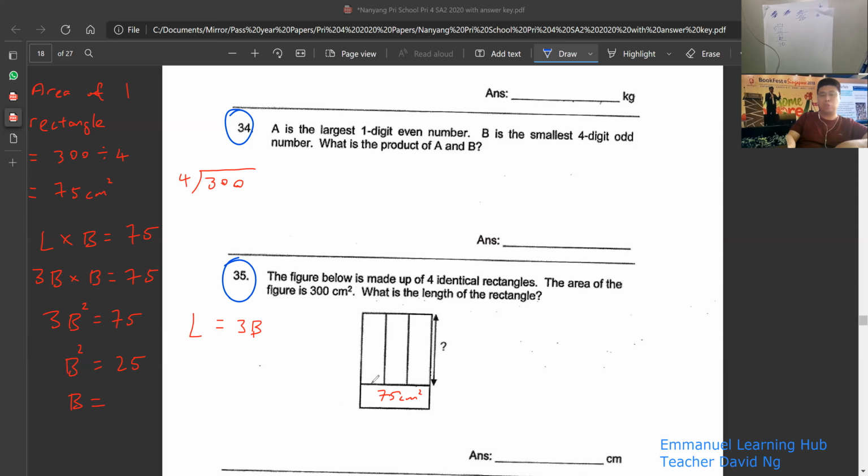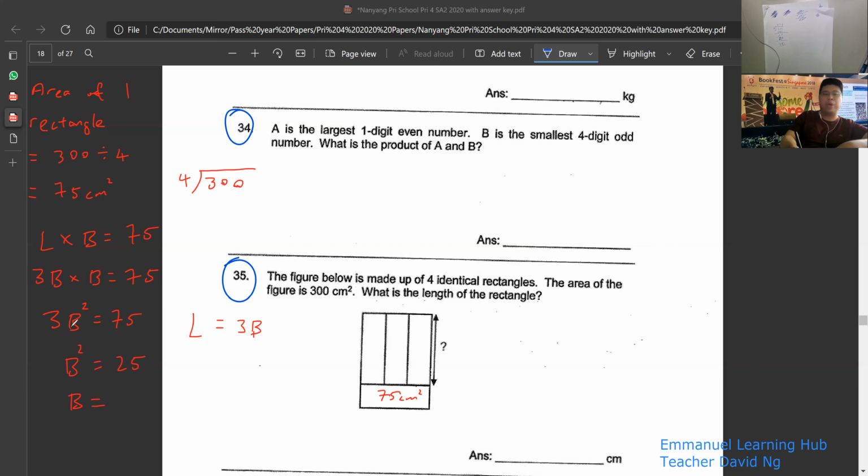You can tell one length is 3 breadth. The 4 rectangles are identical. Therefore, you can replace the length with 3 breadth. So 3 breadth times breadth is 75.